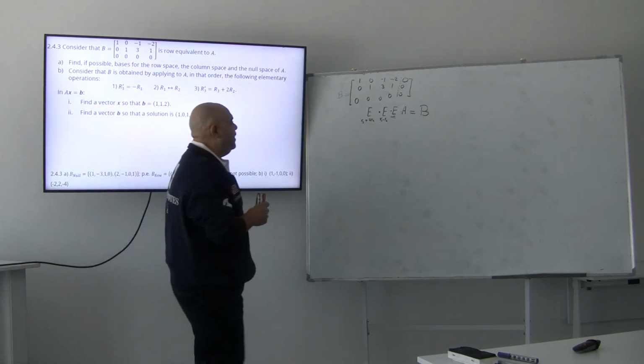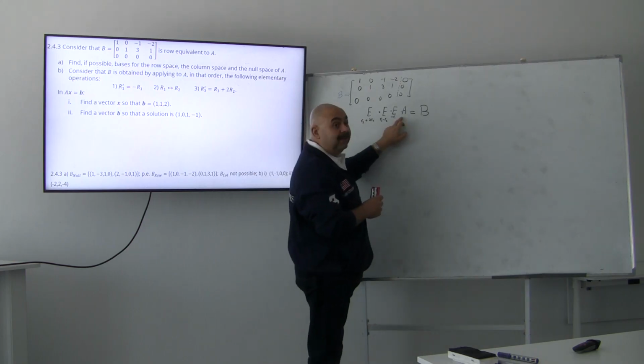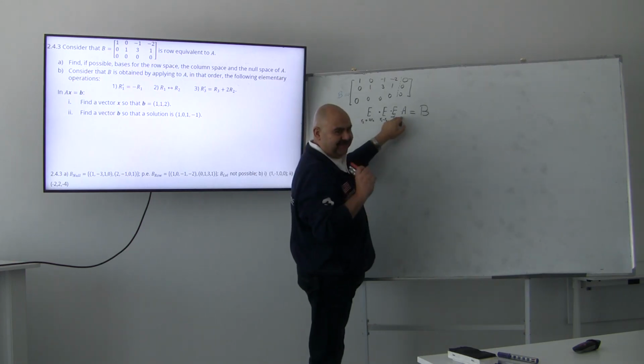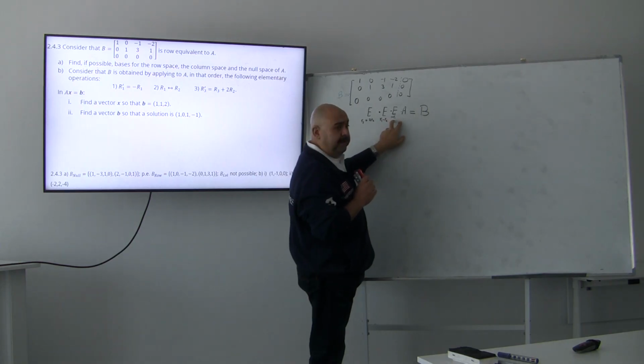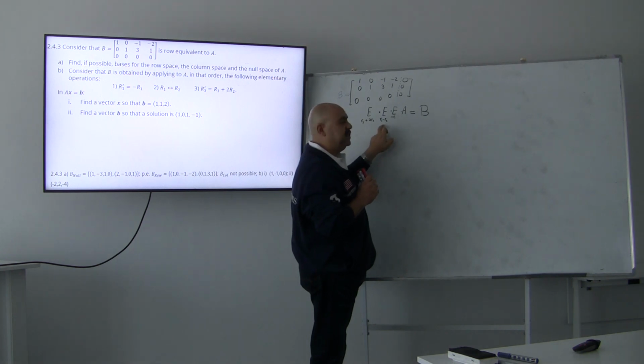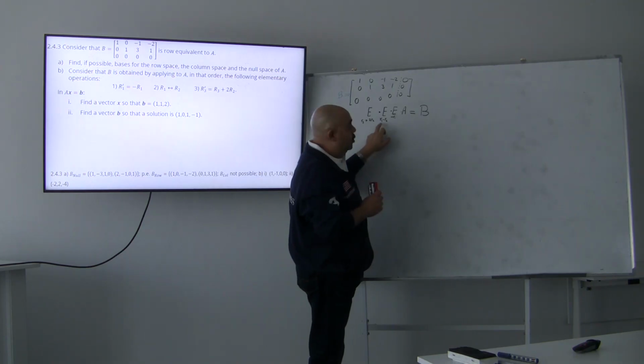So I will write the matrix A and I will multiply from the left by -R1. This operation will happen first. Then I will replace the rows, so I'll multiply from the left by the R1, R2 swap. And in a similar manner, after all of this, I will multiply the second row by 2, and then add it to the third.